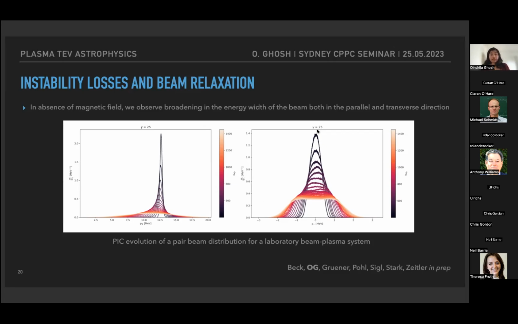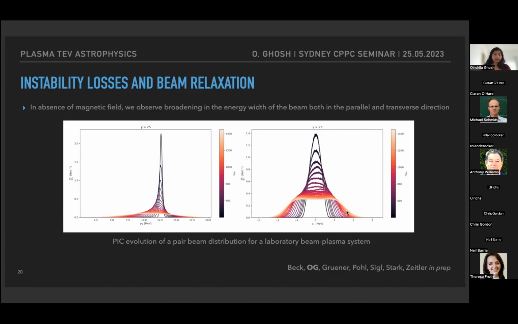And in the direction perpendicular to the beam, we do not expect as much energy losses because the perpendicular momentum is not relativistic. It's mostly defined by the thermal dispersion of the beam particles. So here, again, the diffusion is the more pronounced effect. Right.